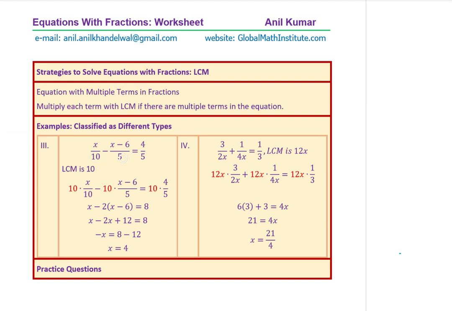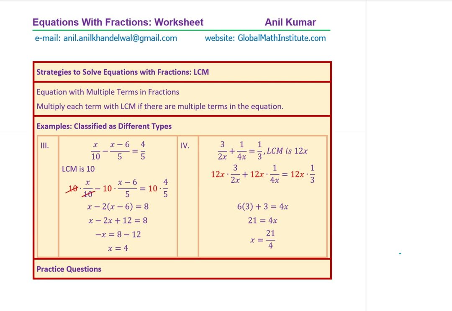Now in this case, what is the lowest common multiple? Well, for the denominator, it is 10 and 5, so 10 is the LCM. Some students will use LCD, lowest common denominator. One and the same thing. Multiply both sides by 10, each and every term. So here we have three terms, multiply them by 10 as shown here and then simplify. So as you can see, 10 and 10 cancel.